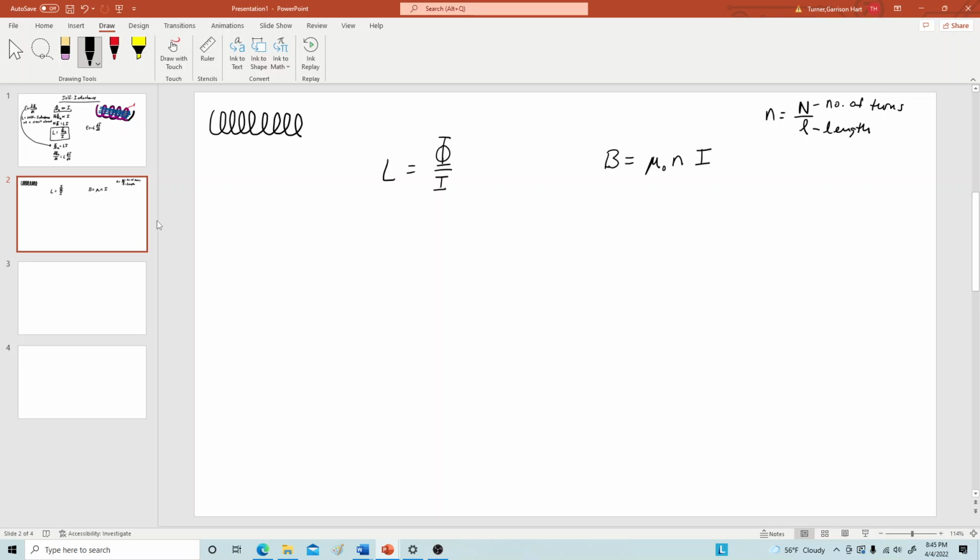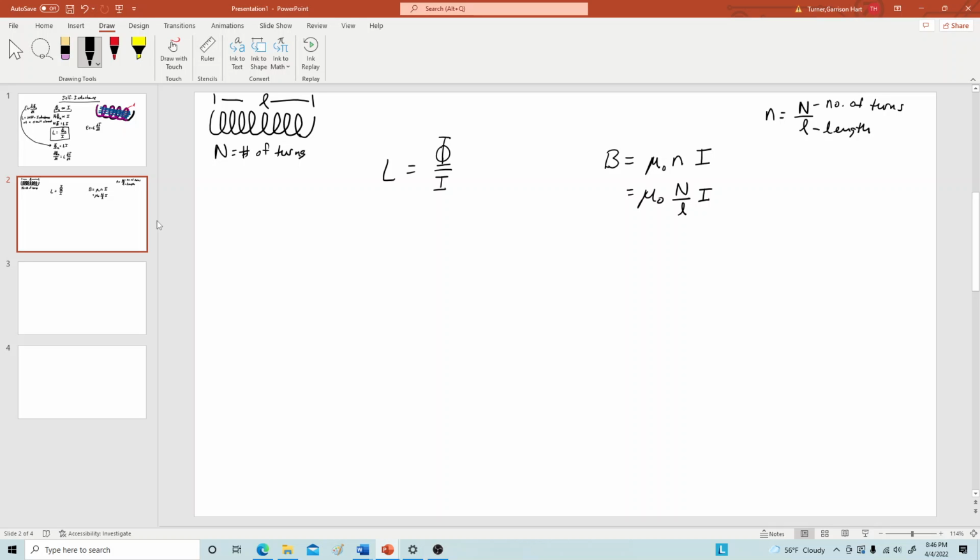Whatever my lowercase n is, that is going to be the capital N number of turns divided by my length L. And I would have a length L here. So I can write this as mu naught N over L times I.